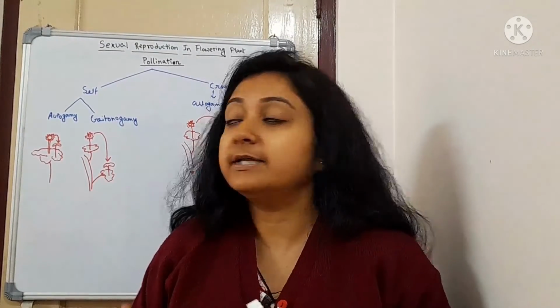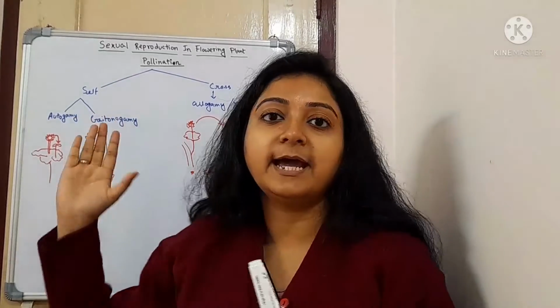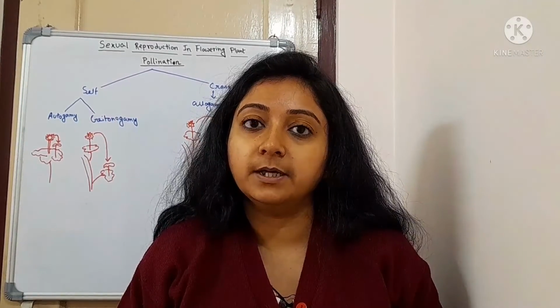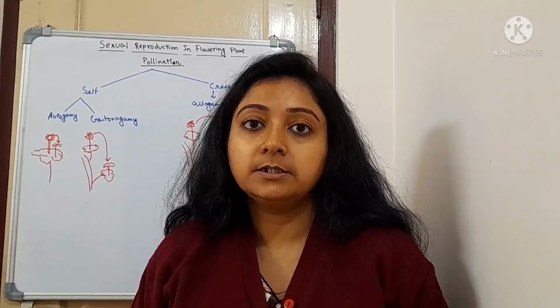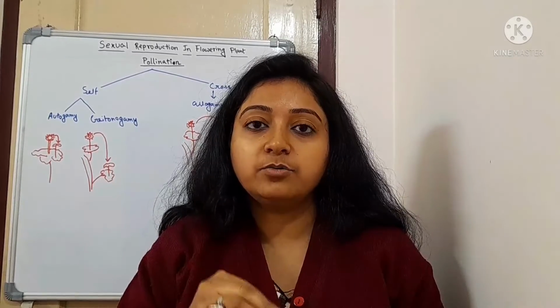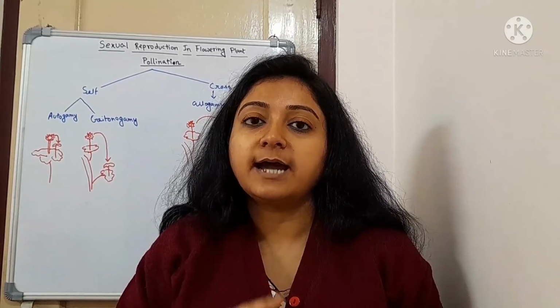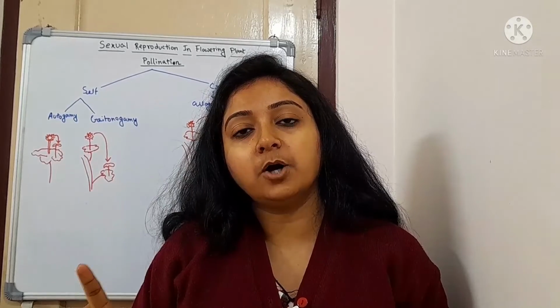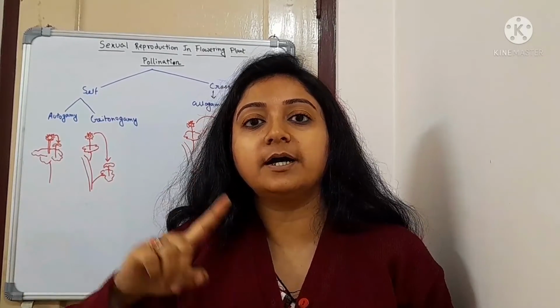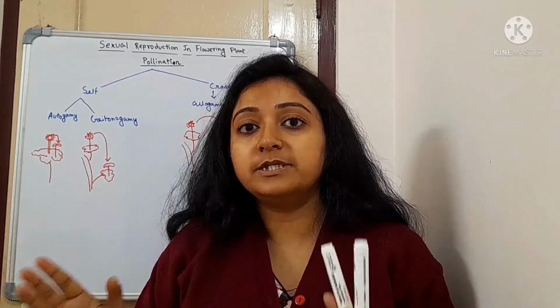Both events are considered as autogamy and geitonogamy respectively. But in the third case, the pollen grain from the flower producing anther will go and fall on the stigma of another flower of another plant, but of the same species.